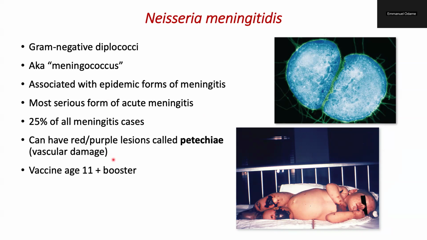When you get infected with this, you can have red or purple lesions, which are called petechiae, or vascular damage. We have vaccines available from age 11, and we also have boosters. This is very common in children, so that's why we have vaccines that target them.